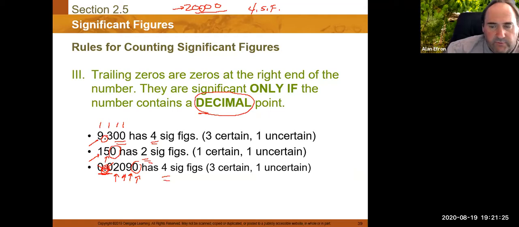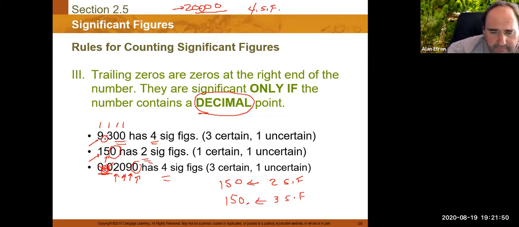So those zeros really are what give people a hard time. So for example, again, the importance of that is 150. And if you wrote 150 with a decimal point there, yeah? This number here, as we just talked about, would have 2 significant figures. This number here would actually have 3 significant figures.